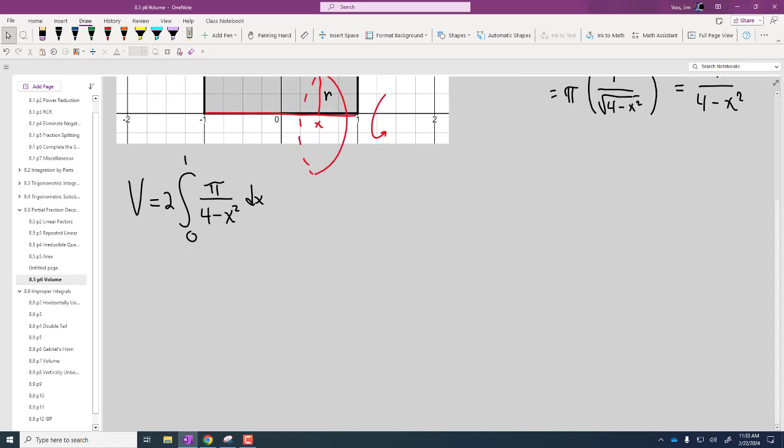So now we are in the section with PFD, partial fraction decomposition. You could do this with trigonometric substitution also. You have a difference of squares. But let's go PFD. First off, let's factor out the pi.